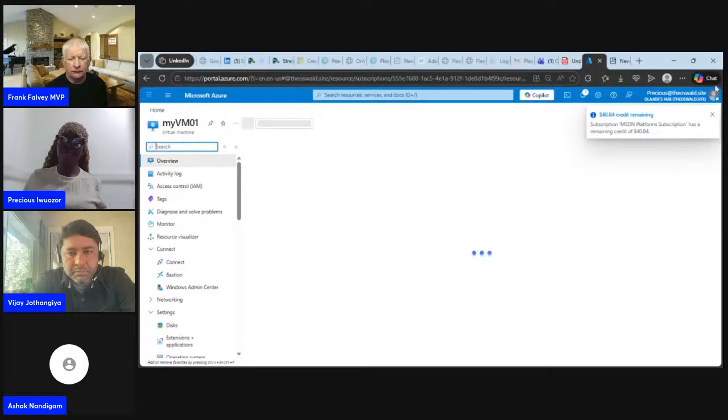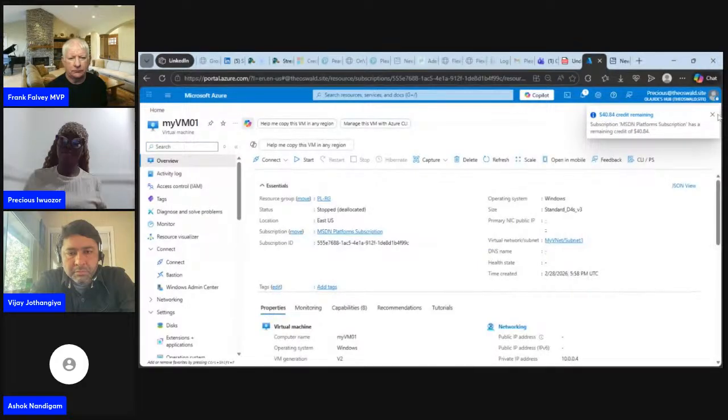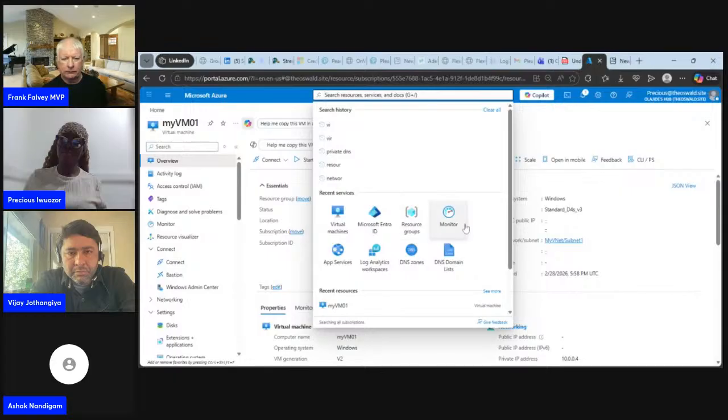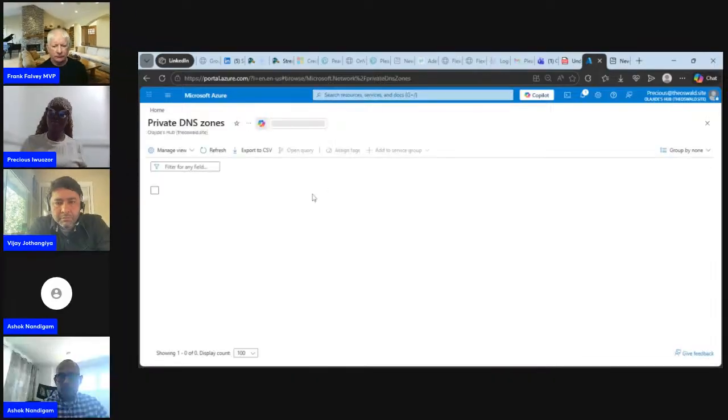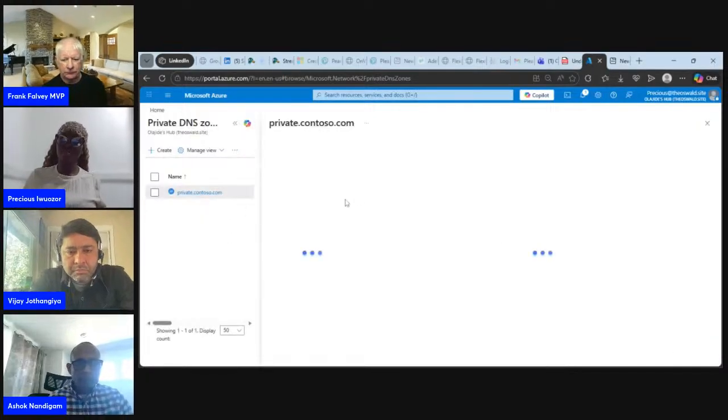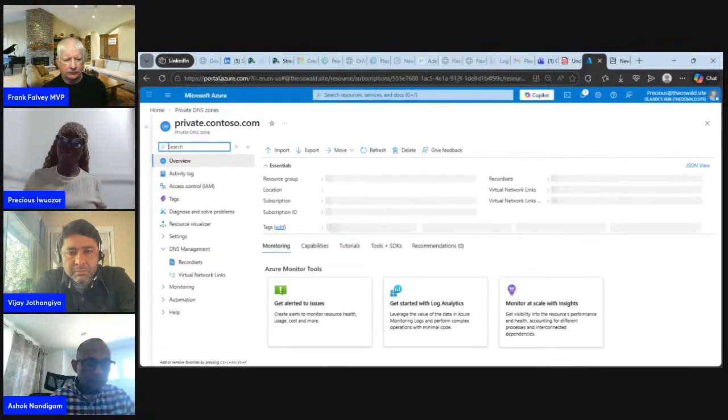So in my demo here, I have already created a private DNS zone. So this is my private DNS zone. I have done all the necessary configurations.